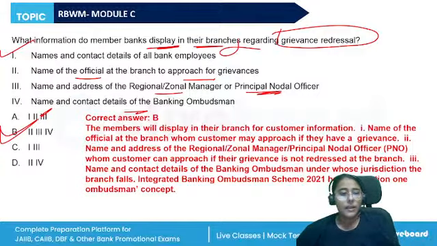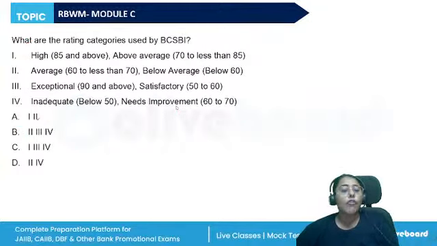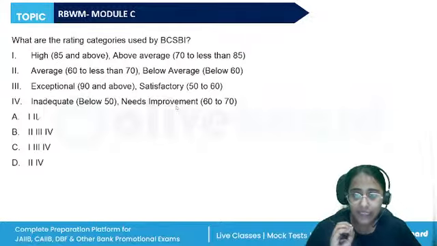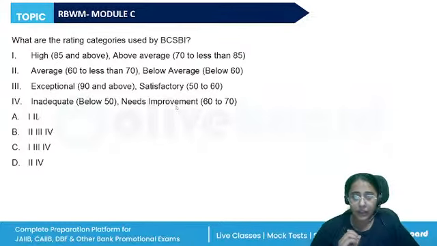Next, what are the rating categories used by BCSBI? The BCSBI has released the code compliance rating. They conducted a survey, visited a sample of branches, and collected information from customers' feedback. Then, with the help of CRISIL, they prepared a benchmark.